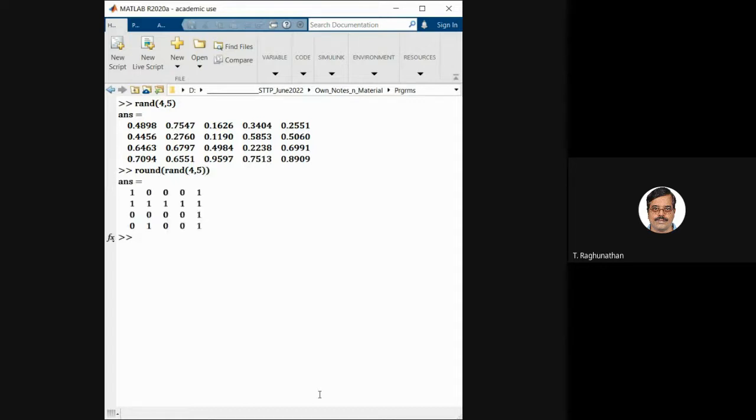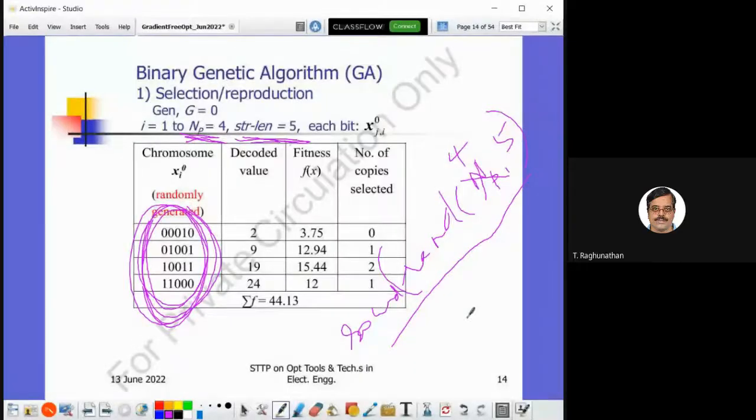This is how you round off and get a population of NP individuals, where NP is 4 and string length is 5. That is how you produce it.